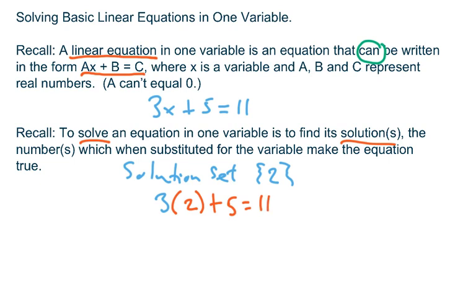We're asking ourselves the question, is 3x plus 5, 3 times 2 plus 5, equal to 11? 3 times 2 is 6. 6 plus 5 is indeed 11.